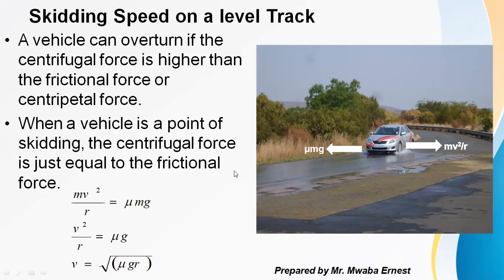A vehicle is at the point of skidding when these are just equal to each other, as you can see there. Then you have the centrifugal force equal to the friction force. If you look at this expression and make v the subject, things will cancel out, and you end up with v equal to the square root of coefficient of friction, acceleration due to gravity, and the radius of the path. That is for the condition of skidding.